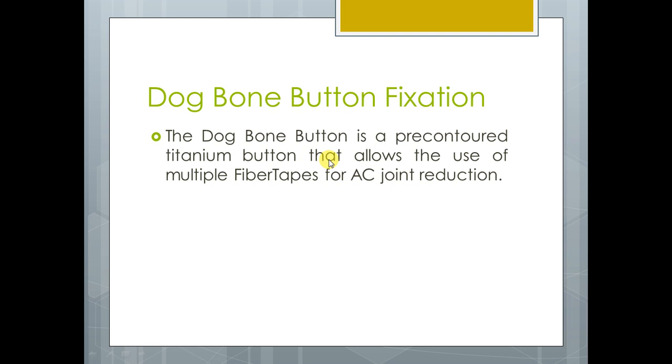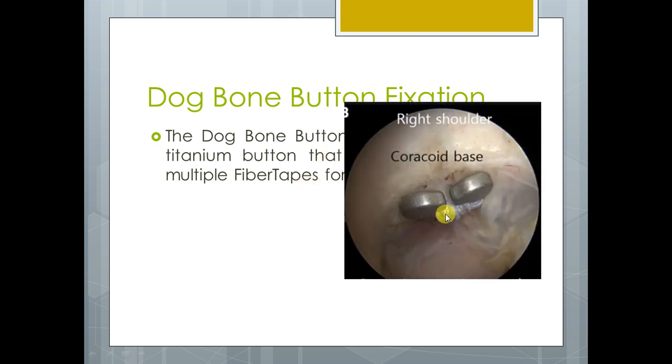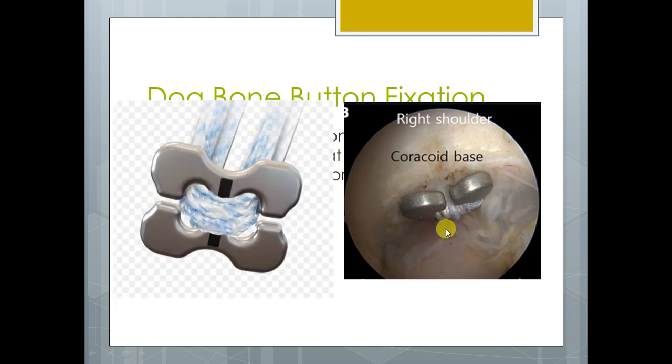This type of fixation, dog bone button fixation, is done either arthroscopically or open. You need to do a drill hole to pass this tab, and this larger button makes less stress on the bone, so it decreases the incidence of fracture and penetration, and at the same time it doesn't pass through the bone itself, so it doesn't need a huge drill hole.